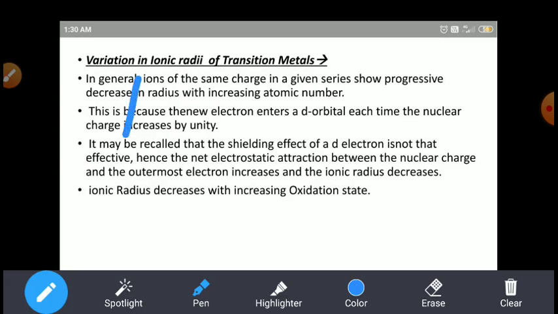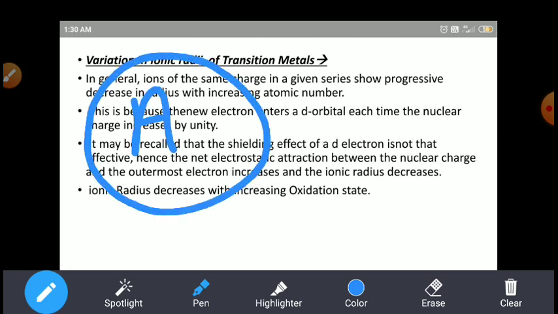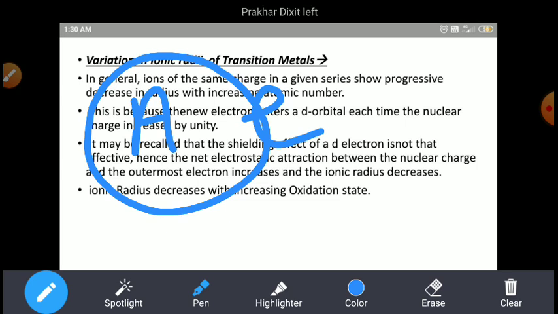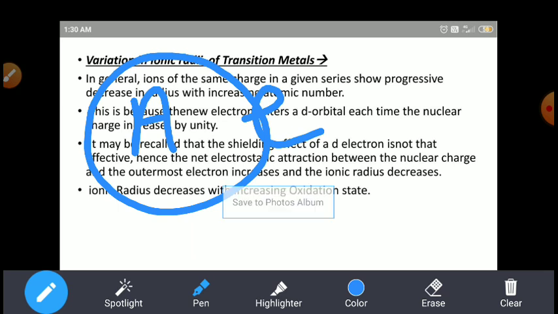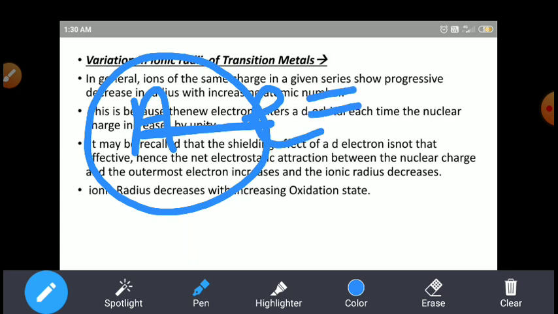The ionic radius. Someone is asking now, what is atomic and ionic radius? So look here. This is the atom. The distance from the center of the nucleus to the outermost electrons of the atom is called the atomic radius.